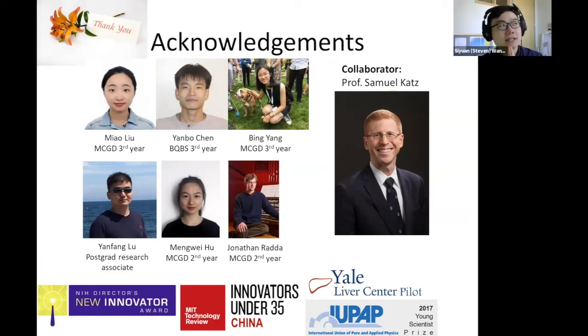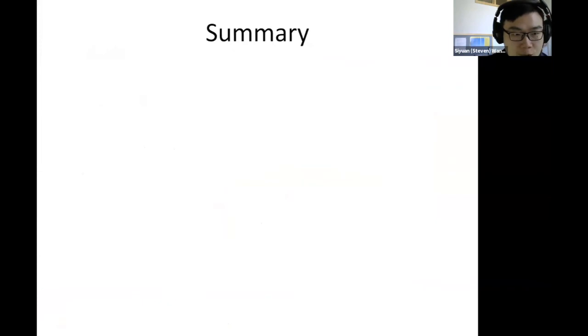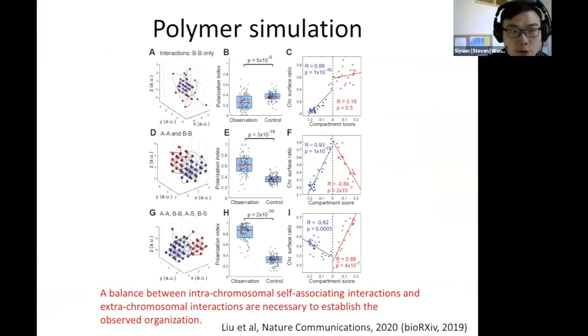Great question. In the model, we actually tested three situations. The first one is where we only have self-associating interactions among the B regions. So a B region can interact with a B region, but A regions don't really interact with A or B regions. They're just random, bumping into each other or diffusing.